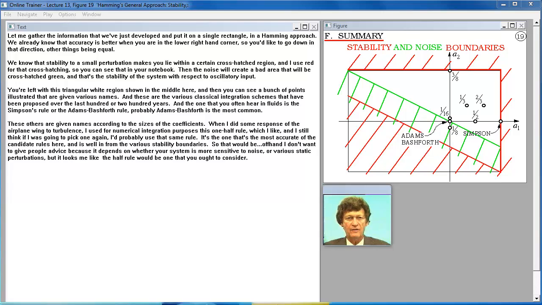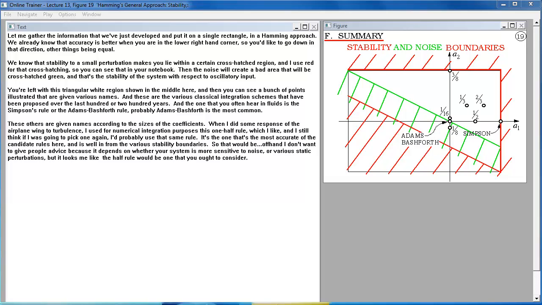Let me gather the information that we've just developed and put it on a single rectangle in the Hamming approach. We already know that accuracy is better when you're in the lower right-hand corner, so you'd like to go down in that direction, other things being equal. We know that stability to a small perturbation makes you lie within a certain crosshatched region, and I used red for that crosshatching, so you can see that in your notebook.